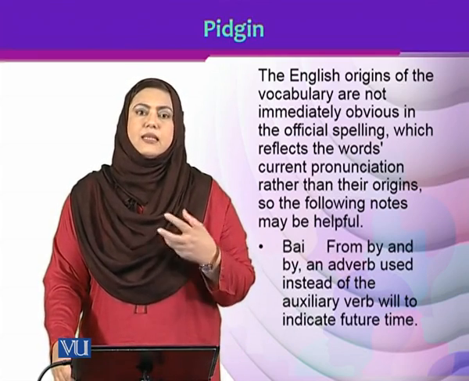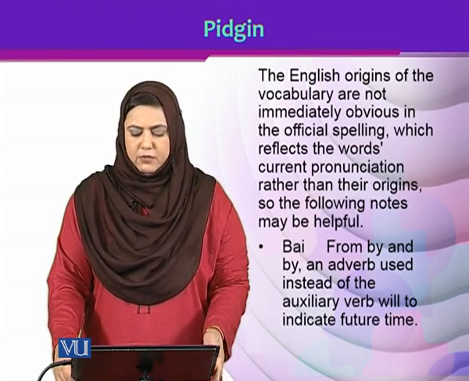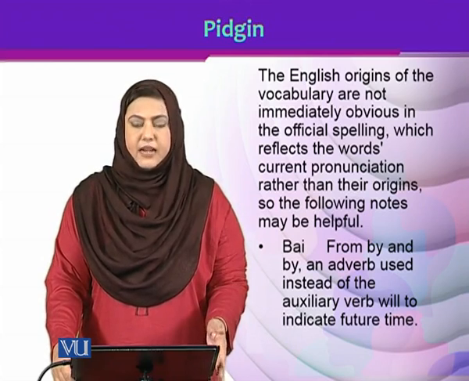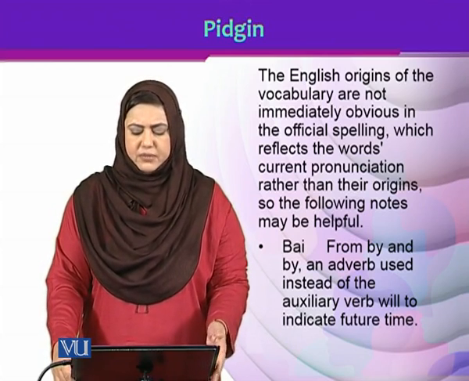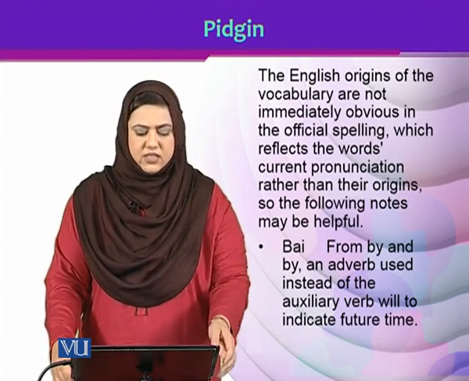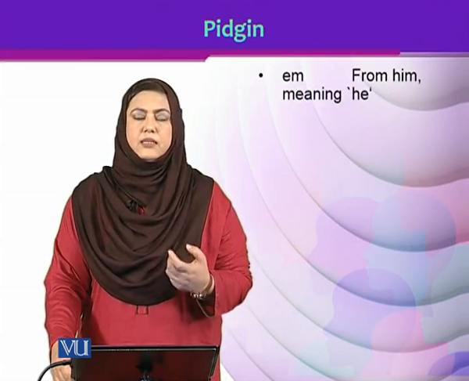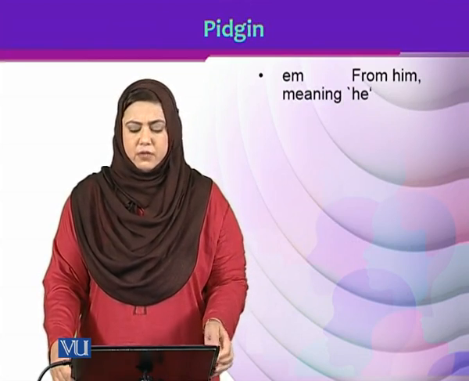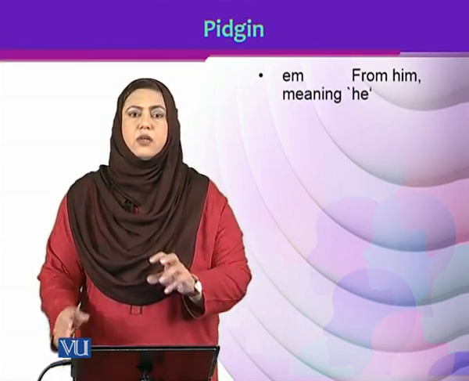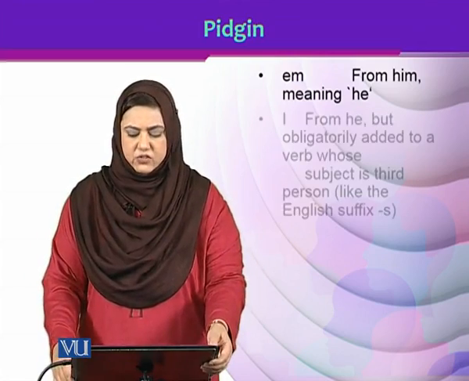But if we closely look at this example, the word bai, from by and by in English, an adverb that is used in English, is changed into this bai and is used. The word i in this example comes from him, which means he. So, the words, their pronunciation, their shape and form is slightly changed.